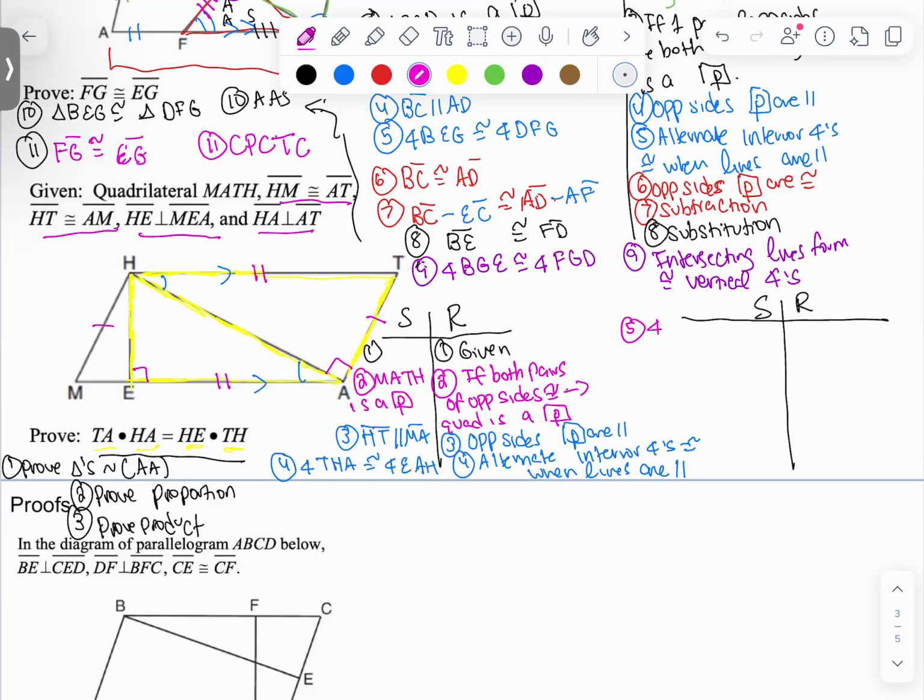Angle TAH and angle HEA are right angles because perpendicular lines form right angles. And since we're going to be using them for AA, we do need to say they're congruent to each other.